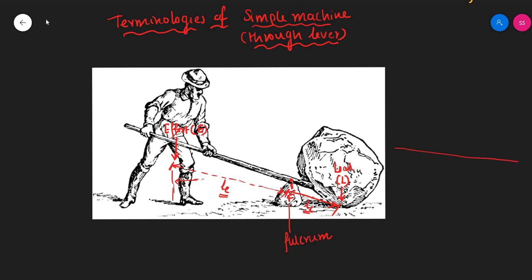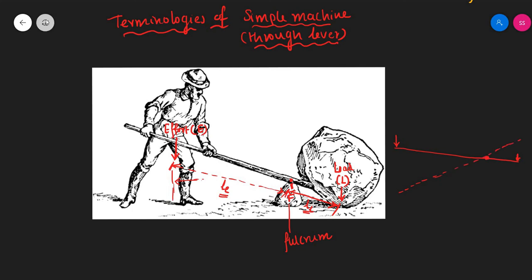So let me draw a different diagram for you. This is the equivalent of that diagram. As I put in the effort here and the load here, and as I try to put in more effort, the load is lifted up.